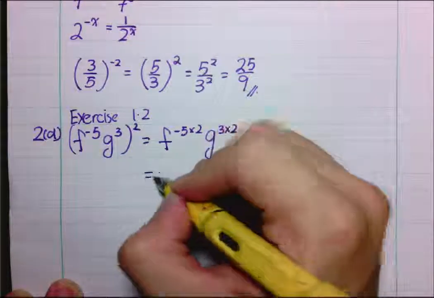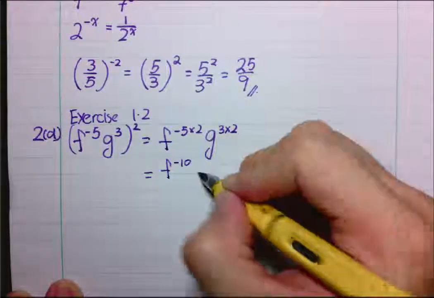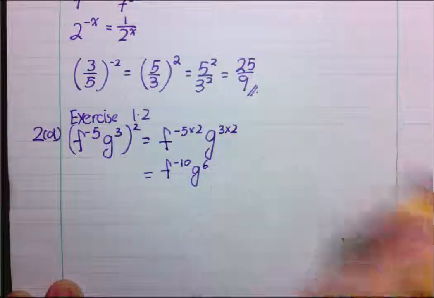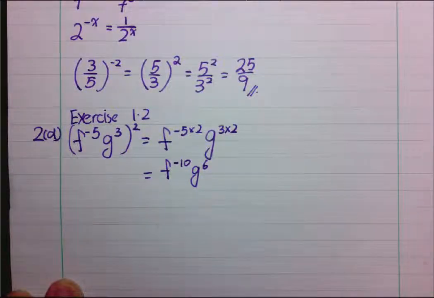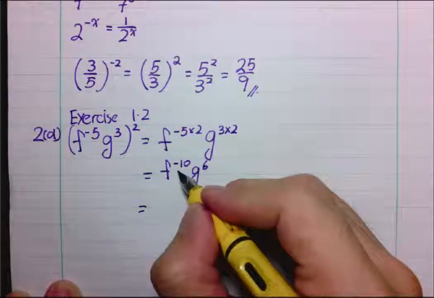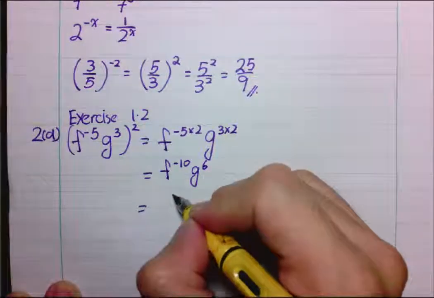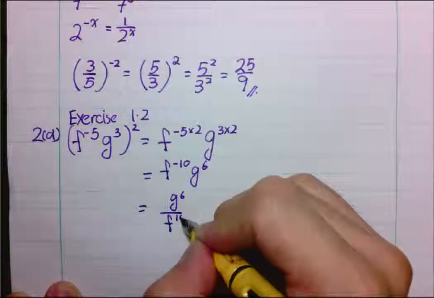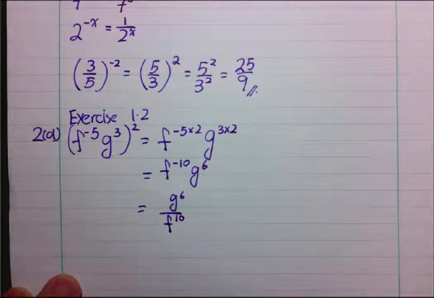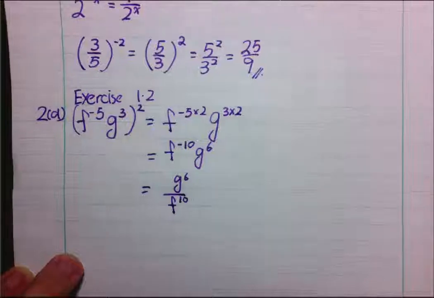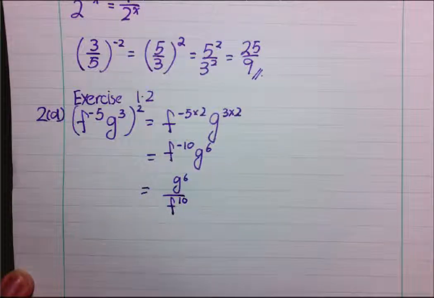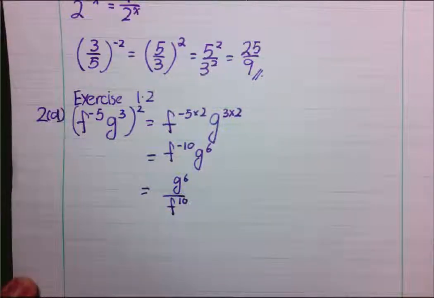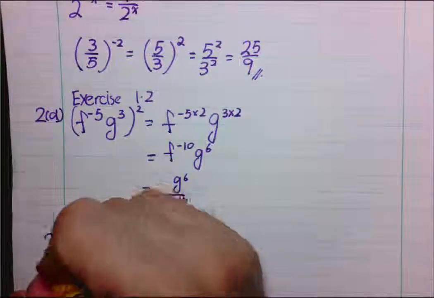So what we have is f to the power of negative 10, g to the power of 6. And then if you simplify, this is a negative index, so I just write g to the power of 6. If I make it into positive index, it just goes into the denominator like this. So it becomes g to the power of 6 over f to the power of 10. Okay, that's 2D.